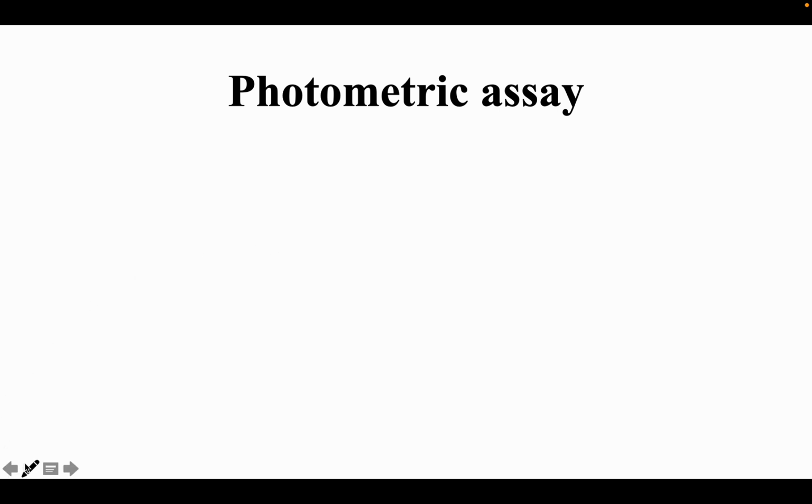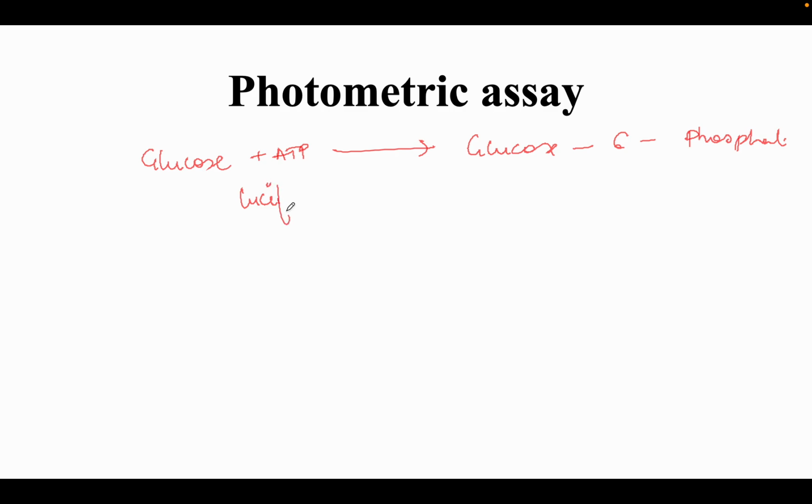Similarly, we can measure luminescence as well. Let's take one example with a luciferase enzyme, using the same example: glucose plus ATP gives us glucose 6 phosphate. To this we add a luciferase enzyme in the presence of O2.